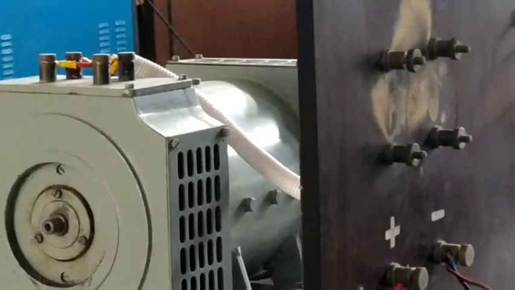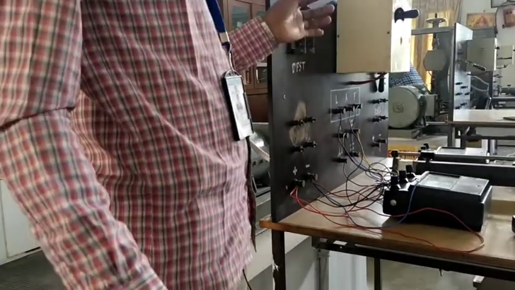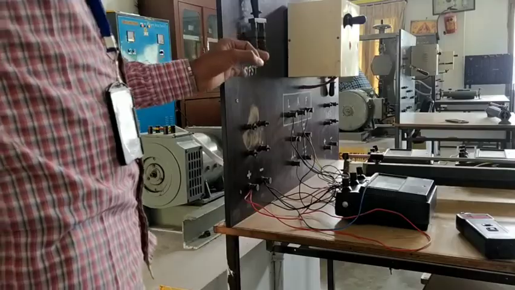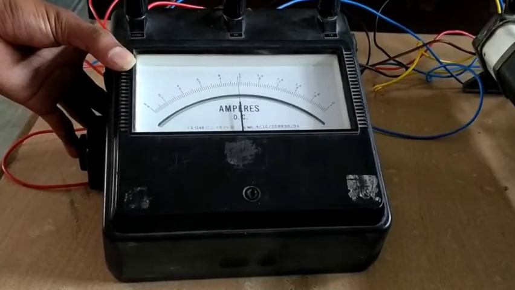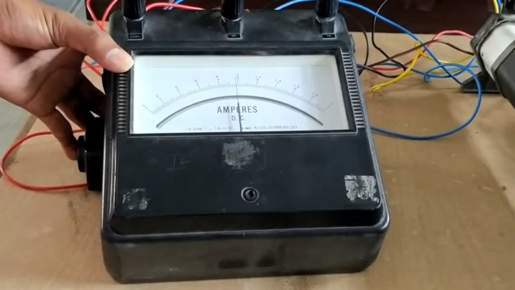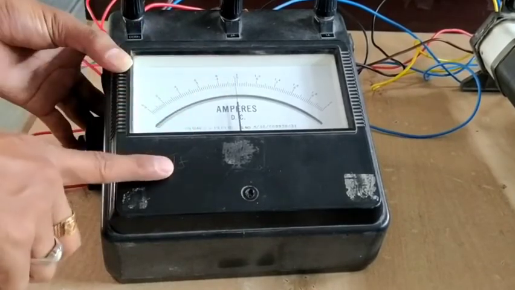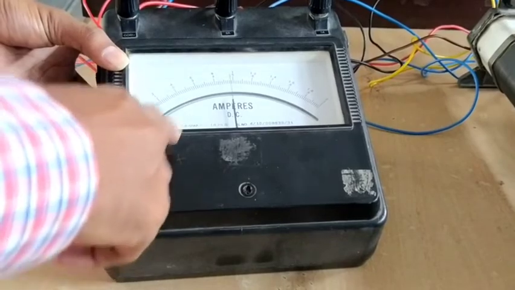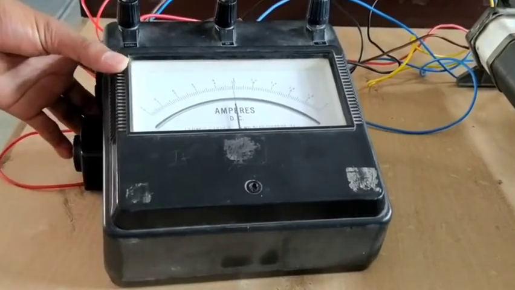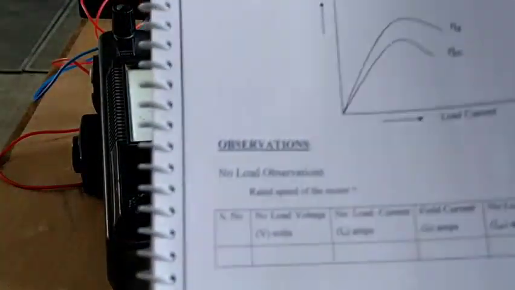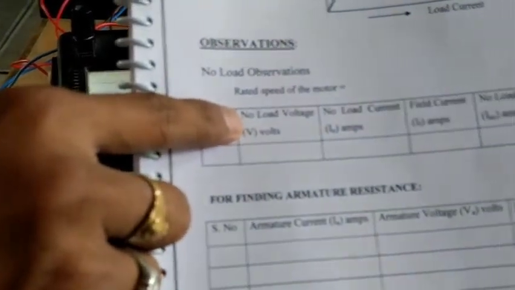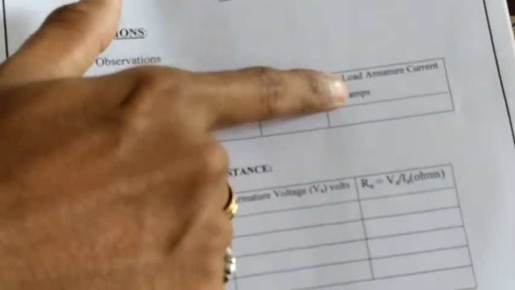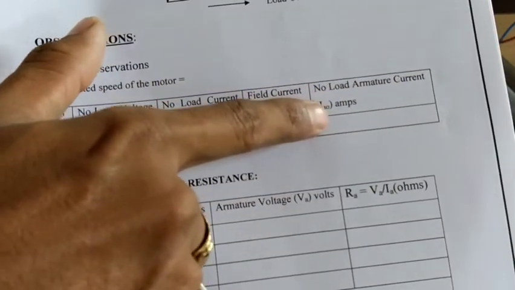Now at that rated speed of the machine, we have to note down the no load values. We are not applying any load on the machine, so we have to take the no load values of that DC machine, right? So now we'll take the readings. Here it is the ammeter which is connected at the starting, that is I naught, the no load current. If you see the tabular column, there is no load voltage, no load current and field current, and there is a no load armature current, that is IA naught.